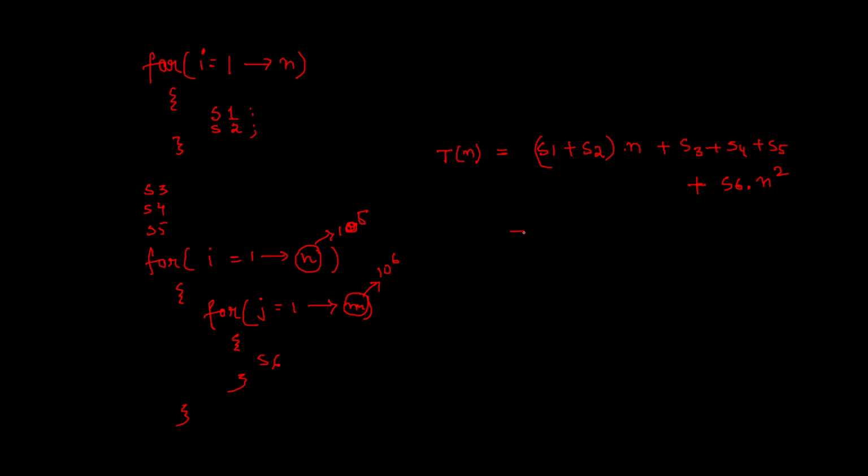So let's write it in a compact way. Suppose this is one constant value C1 n, plus, for this 3 we have a constant C2, then this one is another constant C3 n square.